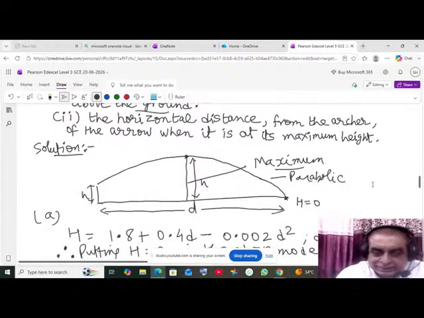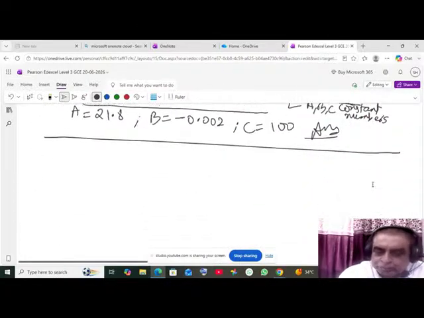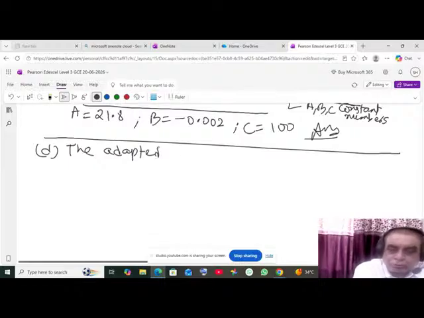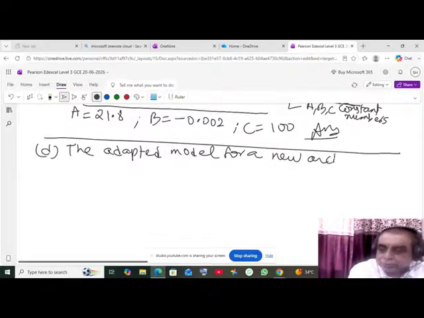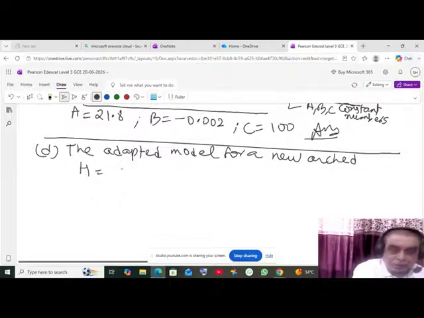So we are writing the new model. Part D is for the new model for a new archer. This is the adapted model. The adapted model for the new archer is: H is equal to 2.1.